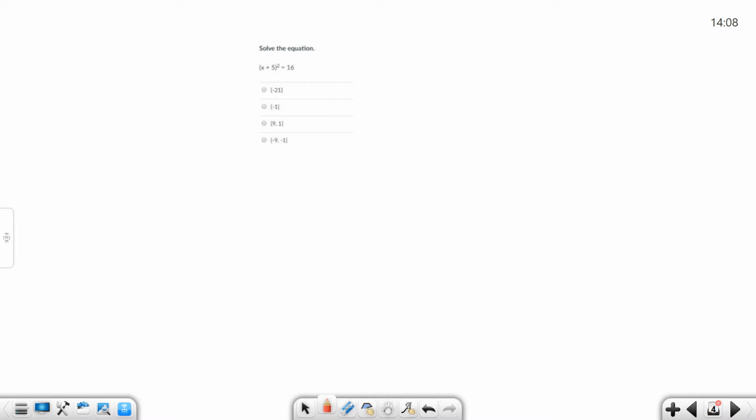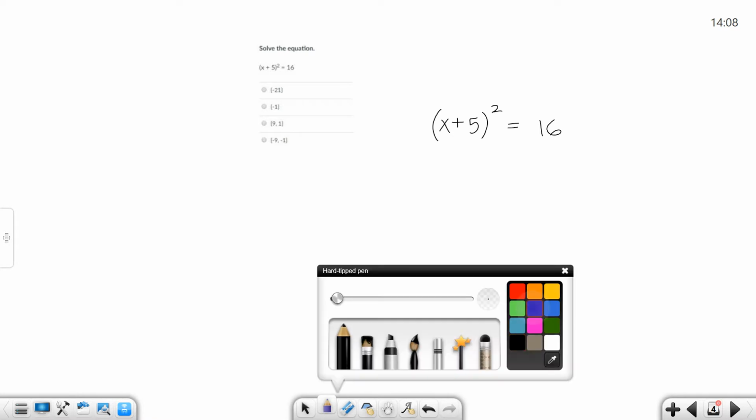Okay, here's our next one. This one is really easy to do by something called the square root property. With the square root property, what you have to remember is to take the square root of both sides and put a plus or minus on the number side.